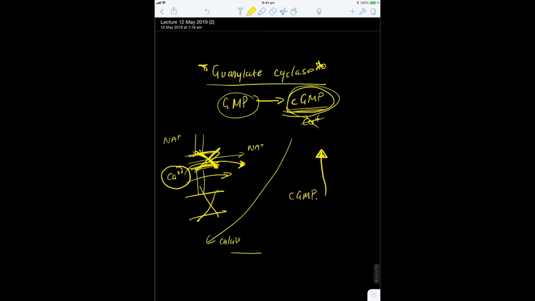Just like we have sodium potassium pumps, we also have calcium ATPase pumps, which pump them out. And what you end up having is a rise in cyclic GMP levels, and these channels open back up all over again. So it is a really good system to be able to balance between those levels.